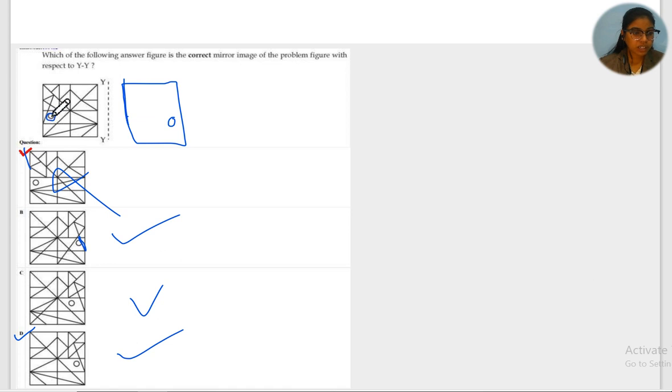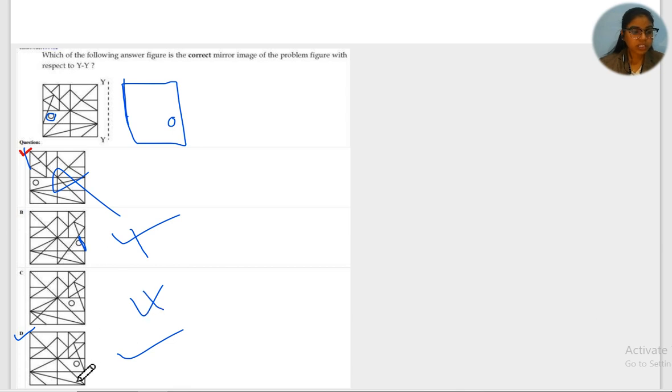There is a space between the circle and this line in the option given to you. So that's why B is wrong. And in C, they have moved this circle somewhat towards the left, but here it is not that much to the left as per its position. So C is also not possible.